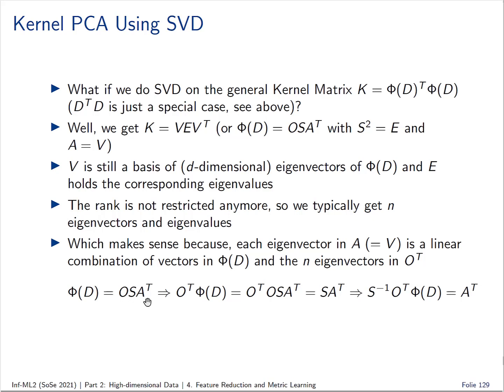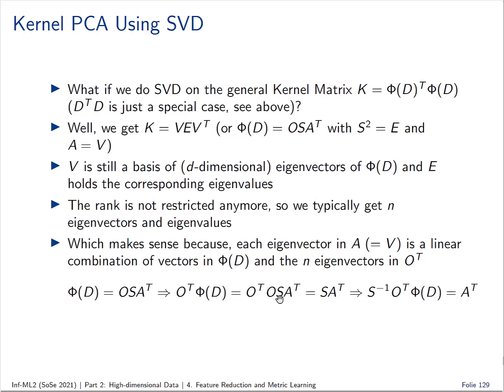If we add on both sides of this equation the same term, O transposed, then out of phi of D we get O transposed times phi of D, and on the other side we get O transposed times OSA transposed. Since O is an orthonormal matrix, that is the identity again.